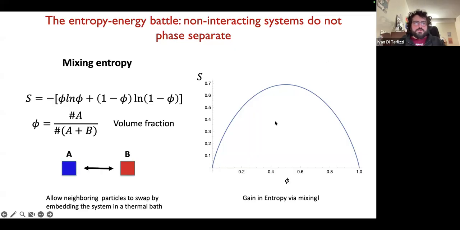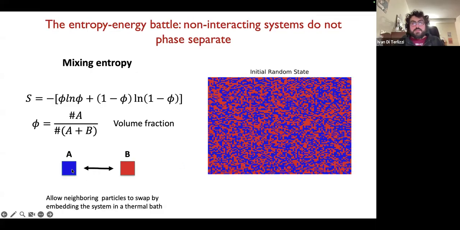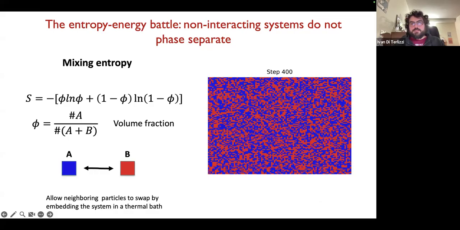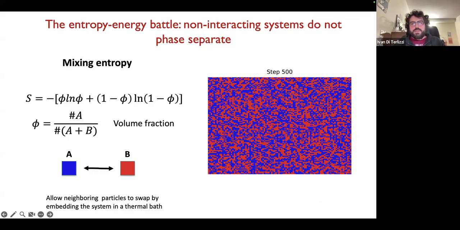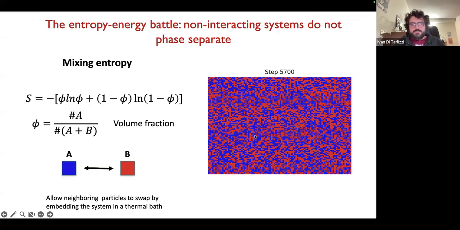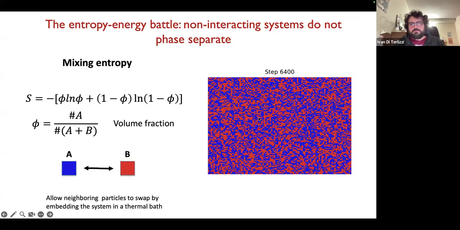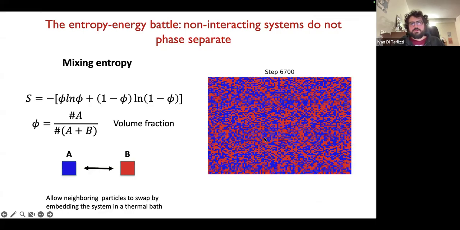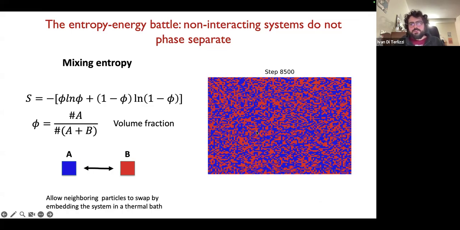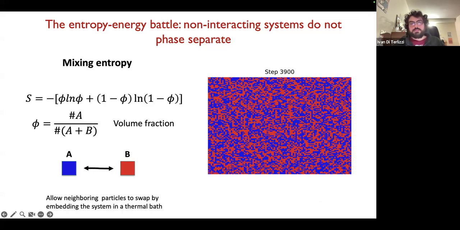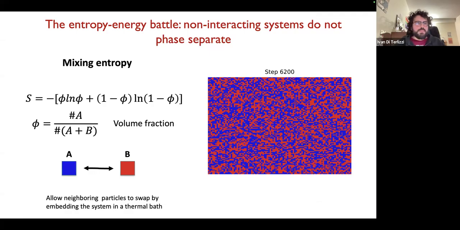And in order to get something different from a homogeneous and mixed state, you have to allow particles to interact. In particular, if you don't do anything and you allow particles to swap with random rules, you will still always be in a state where everything is quite mixed.